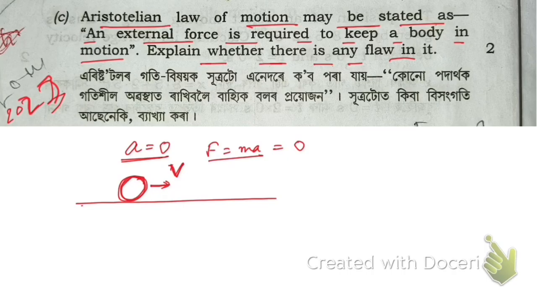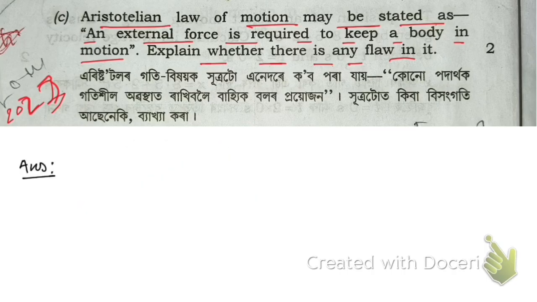So let me write the answer. When you write the answer, first write the statement of this law, okay? Write the statement first. I'm not going to write this statement as it is already in the question. So first do write the statement, then you write the reason. Then you write the flaw.